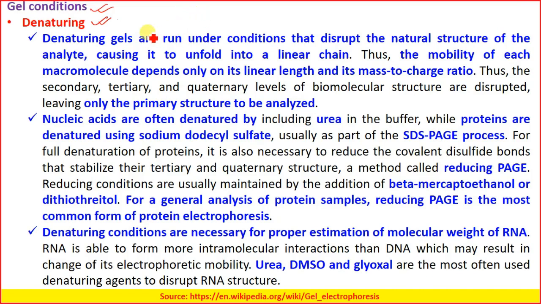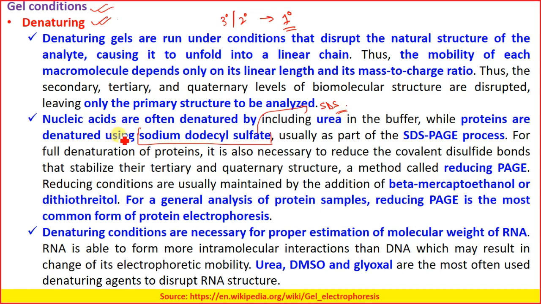Hence, denaturing means converting the tertiary or the secondary structure to primary structure using various chemicals. For this process, we use a surfactant, also regarded as a detergent, and the name of that one is sodium dodecyl sulfate, in short SDS.